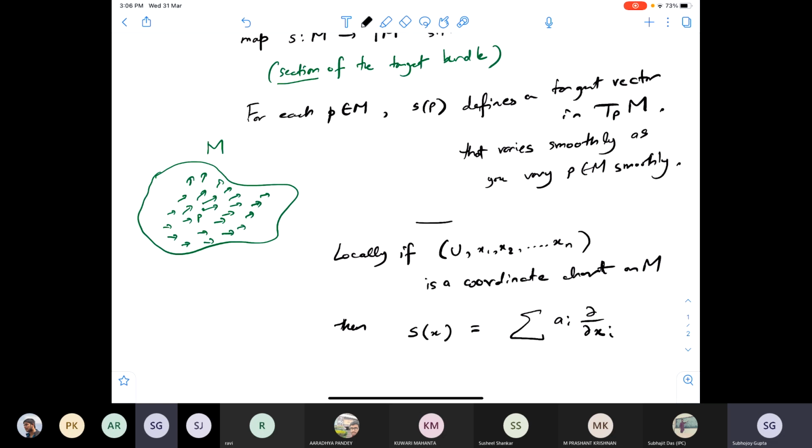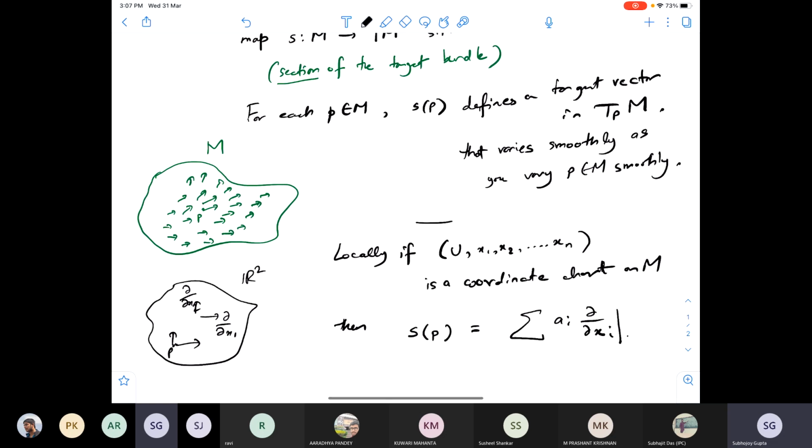If you have a coordinate chart, let's say this is some piece in R2, then you have these coordinate vectors del del x1, del del x2, and you view them at any point, let me call it P. So at any point P, you can talk of these coordinate vectors. In Rn you have n of them.